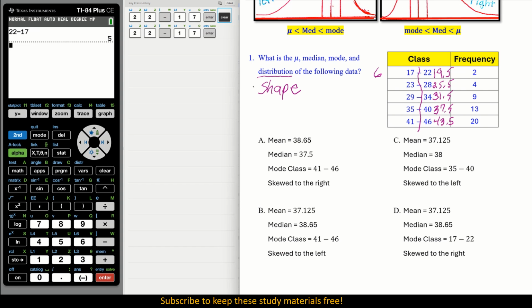And if you've watched other videos, prior videos, you'll know that we have to find the center of our frequency, the very middle value, and go from there. So our total of all our frequencies are 48. We will divide that by 2. That gives us 24. So now we need to find the center of 24. Well, this bottom value here, the last value in our frequency is 20.